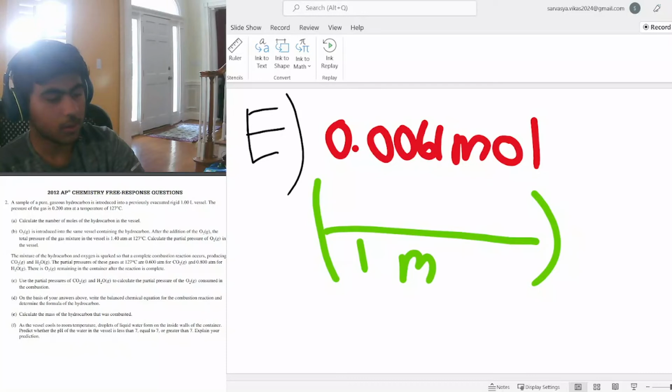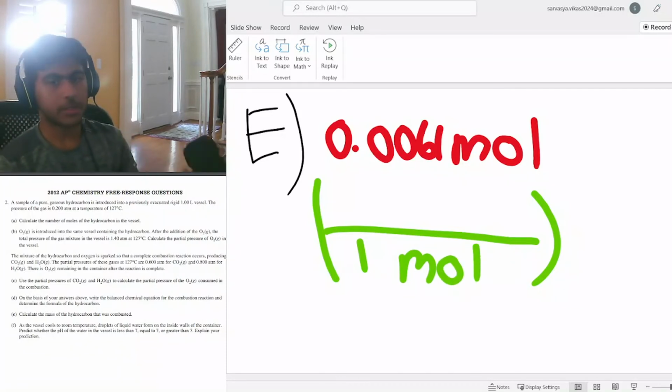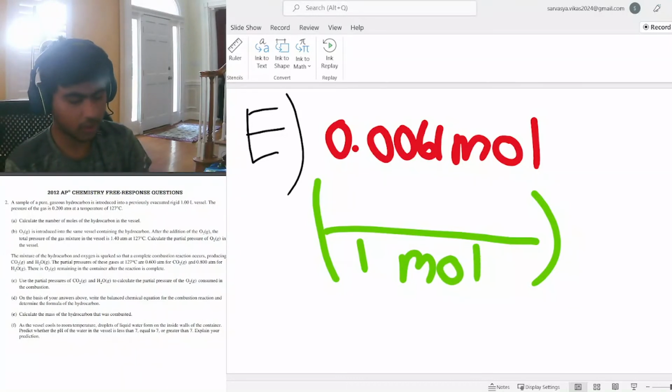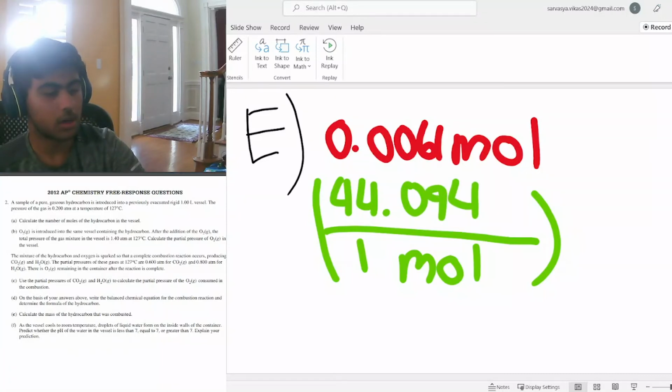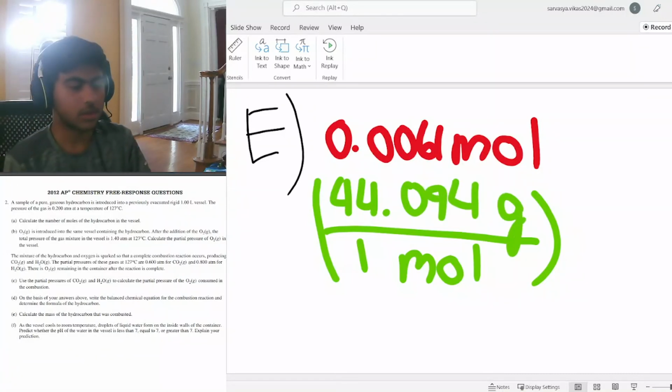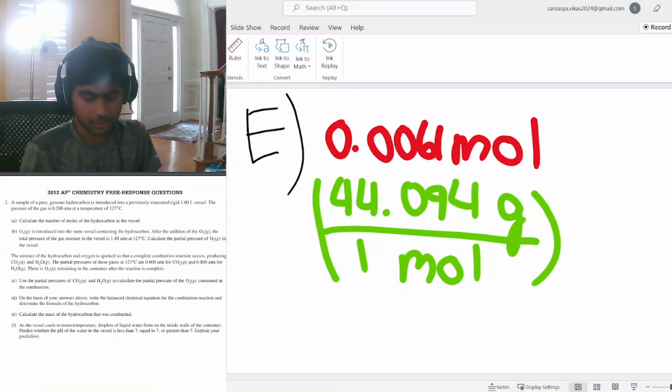Well, for 1 mole, we bust out our calculator, we have 3 times 12.01 for carbon, 8 times 1.008 for hydrogen. We add them together, and we get the molar mass is 44.094 grams per mole.